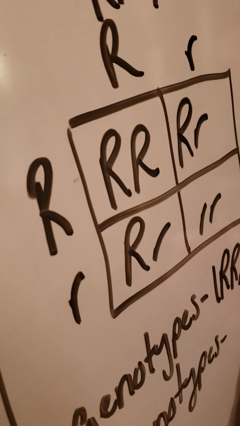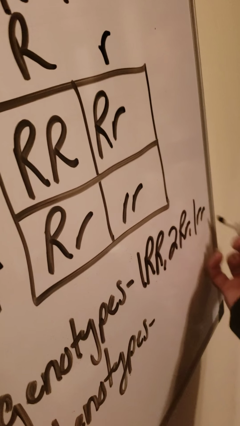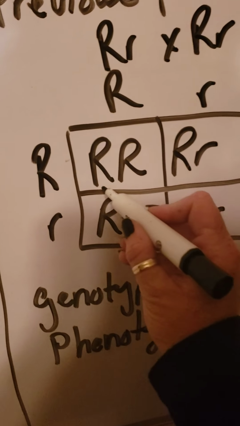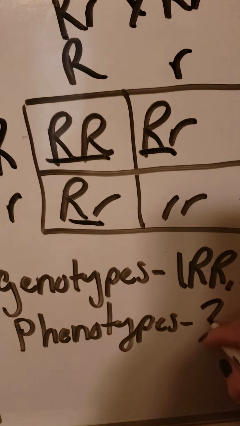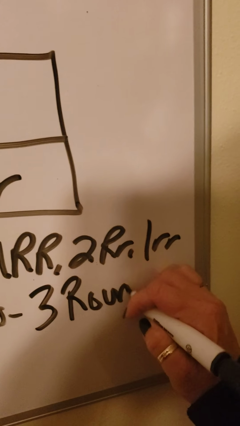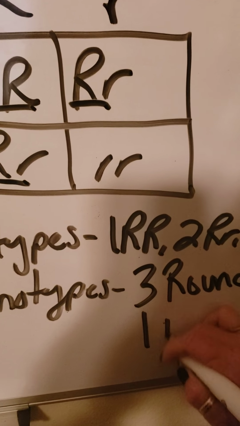So now it's a little different. We have some different options. So our genotypes here, I have one big R big R, and I have two big R little r, and one little r little r. And for the phenotypes, I'm going to have 3 round and 1 wrinkled, because we have 3 that are going to show the dominant allele.